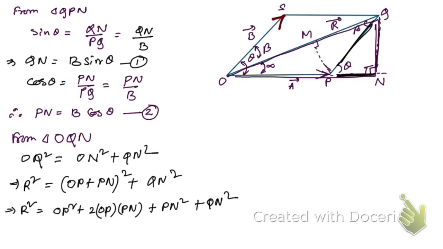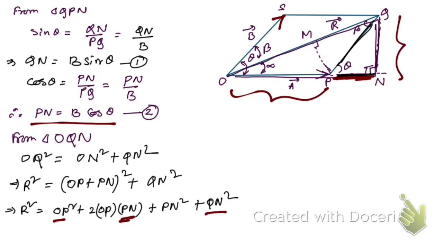Now you see this OP is nothing but the magnitude of vector A, and PN from here we can write B cos theta, and QN is equal to B sin theta. So let's use those results.